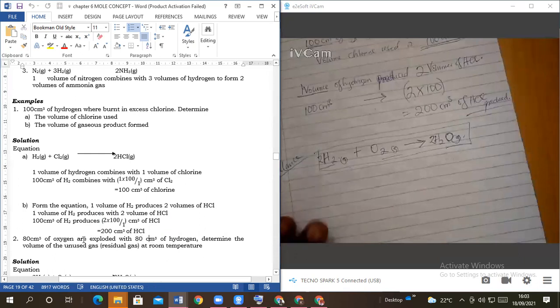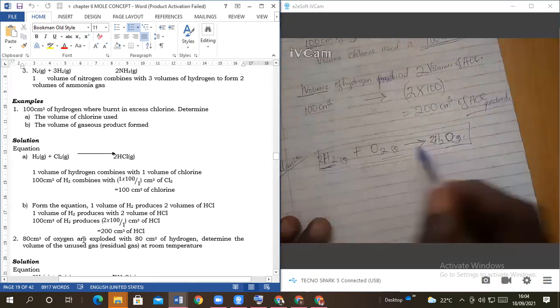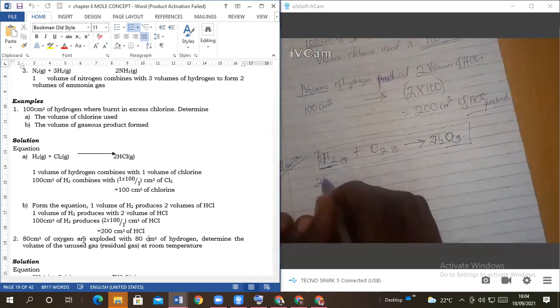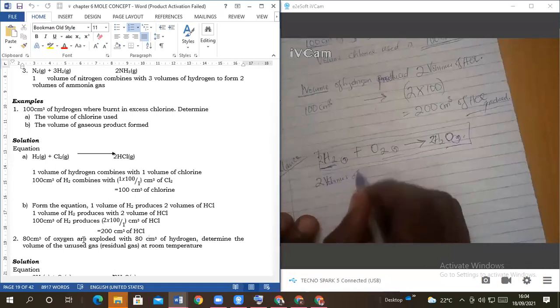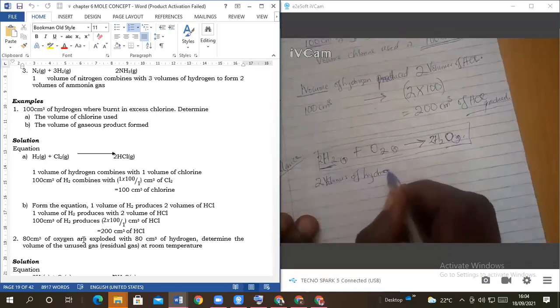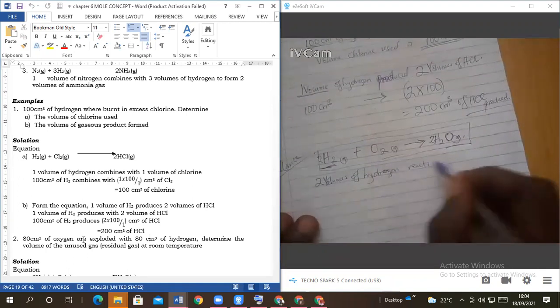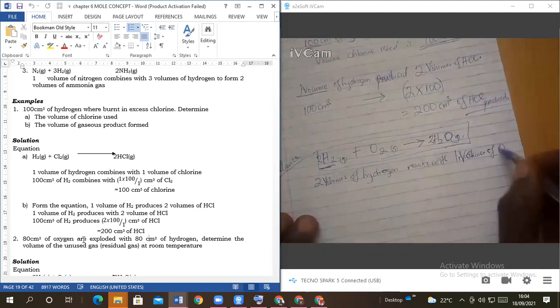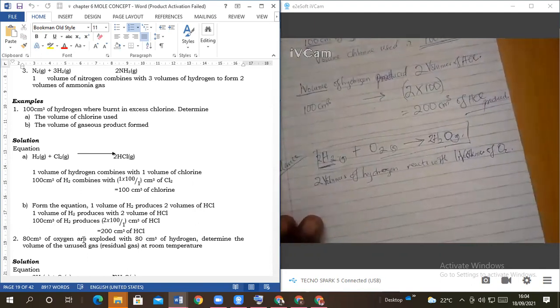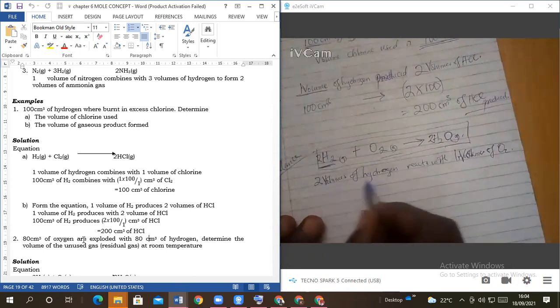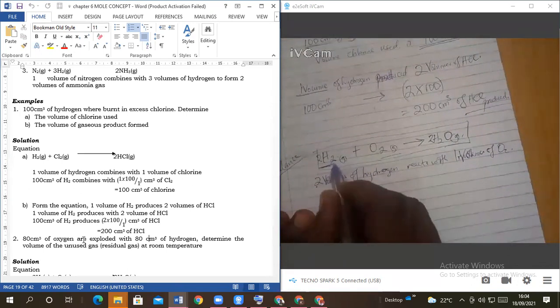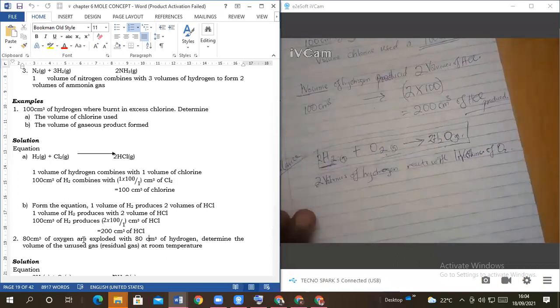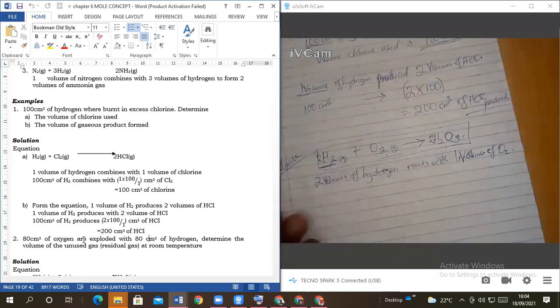If you consider volumes, 2 volumes of hydrogen reacts with 1 volume of oxygen, isn't it? Now, if 80 of hydrogen was exploded with this, which gas was unused? It is oxygen, isn't it?